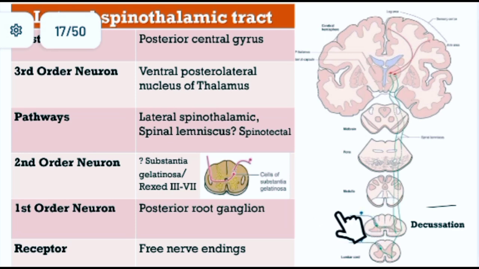One extension goes to the periphery. The other extension goes to the posterior gray horn, as you can see in this picture. So you need to know that the first order sensory neurons are pseudounipolar neurons. The first order neuron has its cell body in the posterior root ganglion, and then these neurons are going to synapse in the Lex laminae.